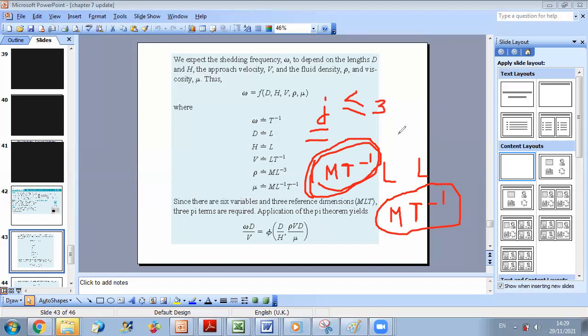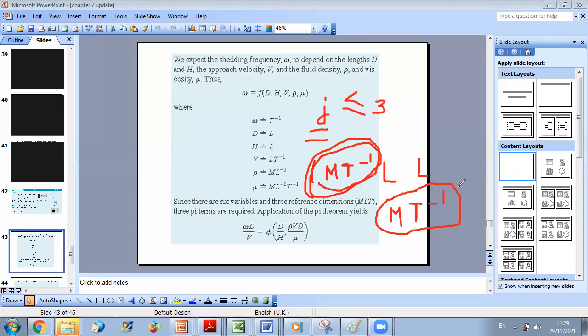Okay? Why? Because if you try to combine, let's say, 3, you will not be able to, because, for example, MT^-1 is always appearing in the same way.